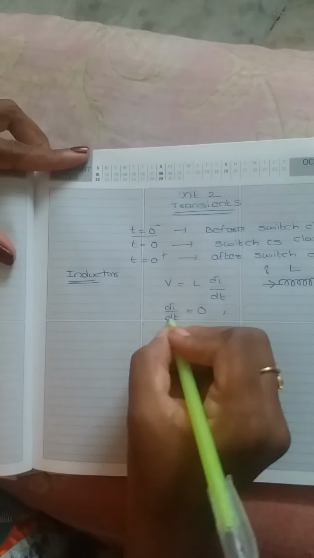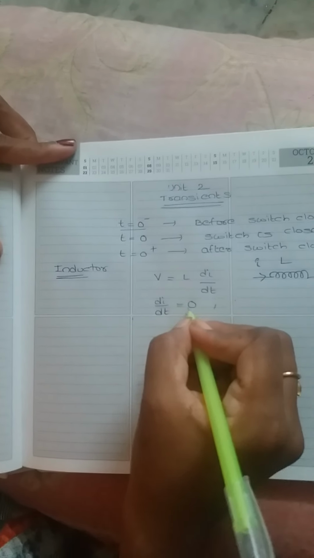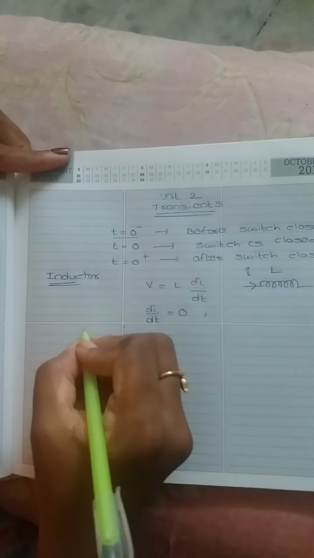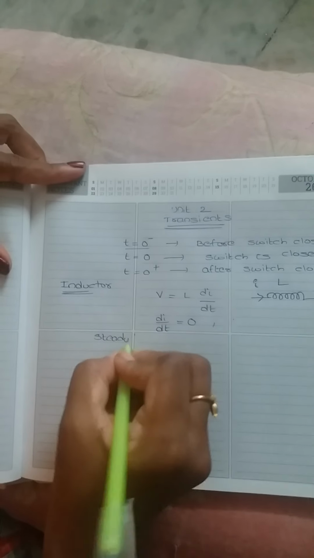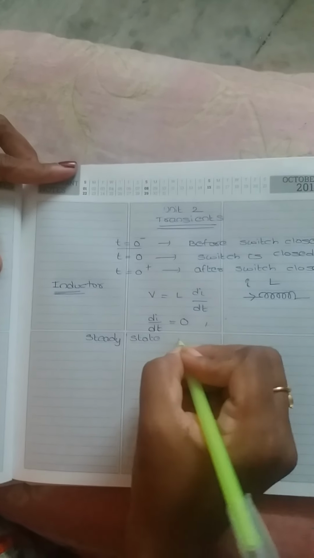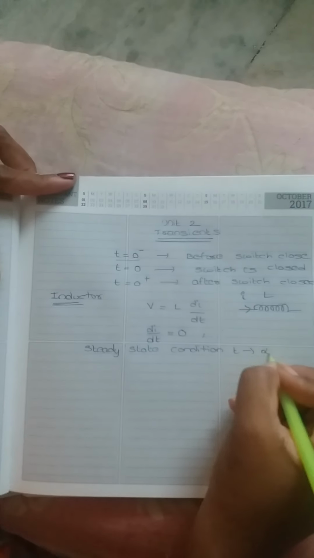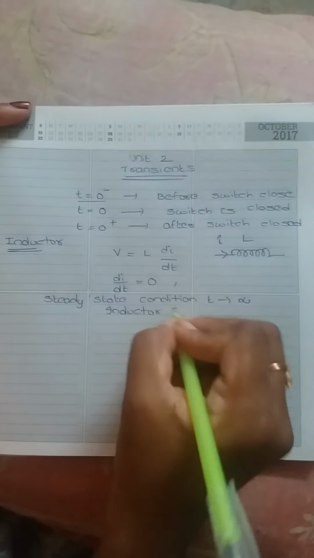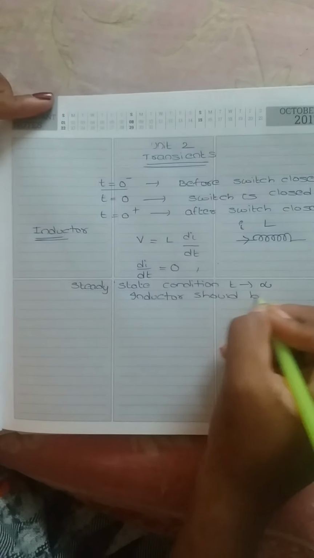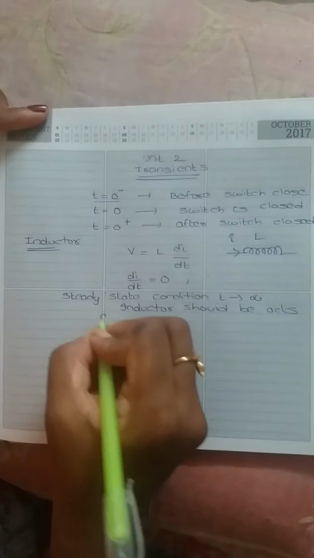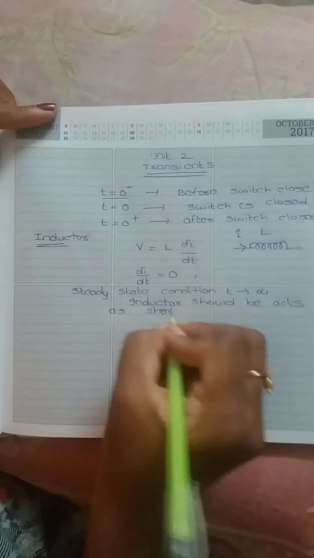Here the voltage across the inductor is 0. That means in steady state, that is t tends to infinity, the inductor acts as a short circuit.